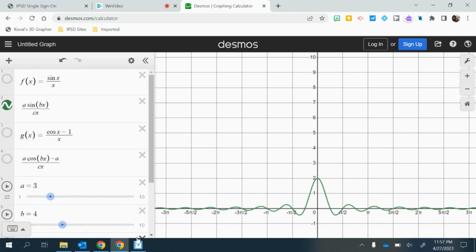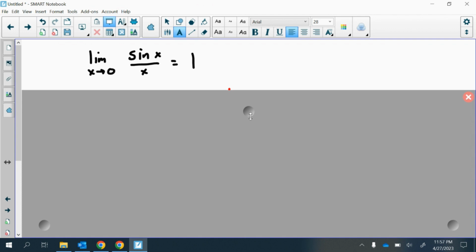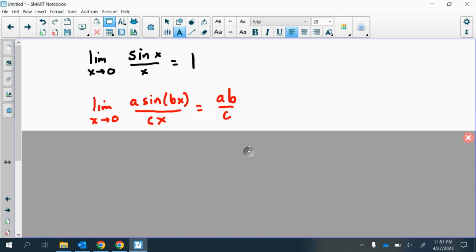That's basically our rule. The limit as x approaches 0 of a sine of bx over cx is just the product of a times b, divided by c. So if we manipulate this with multiplication, it just changes our value from 1 to a times b over c.